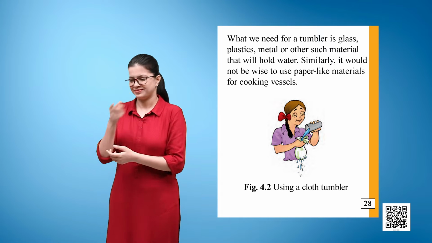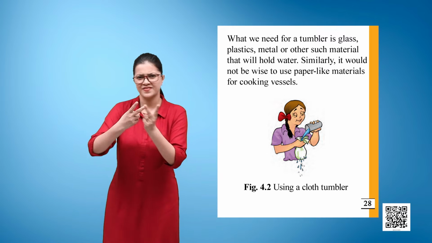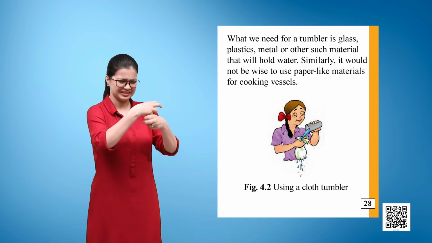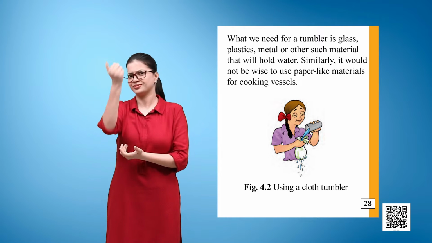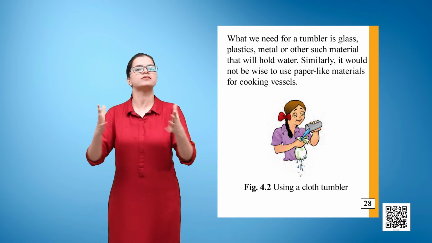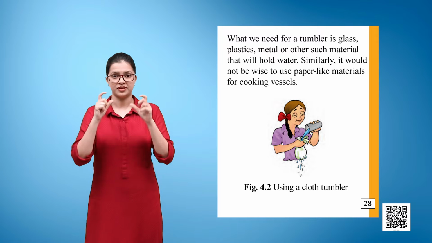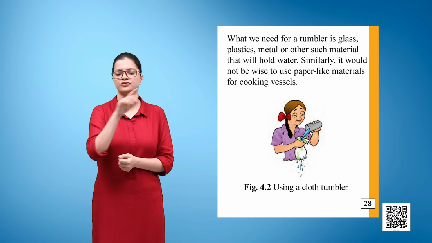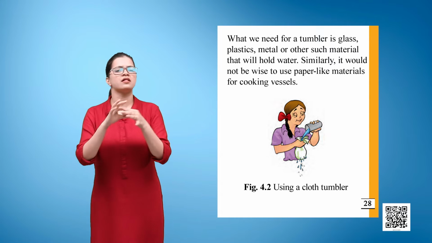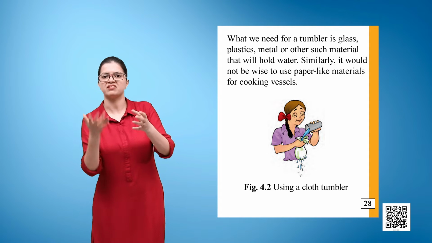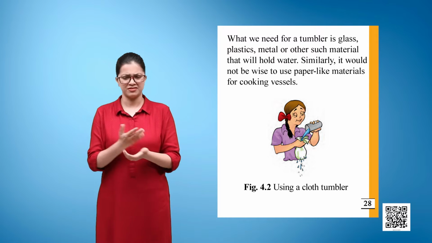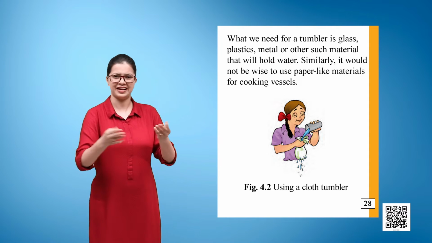Similarly, it would not be wise to use paper-like materials for cooking vessels. Here in figure 4.2, a cloth tumbler is shown which is not able to keep water in it, and the water keeps pouring out.